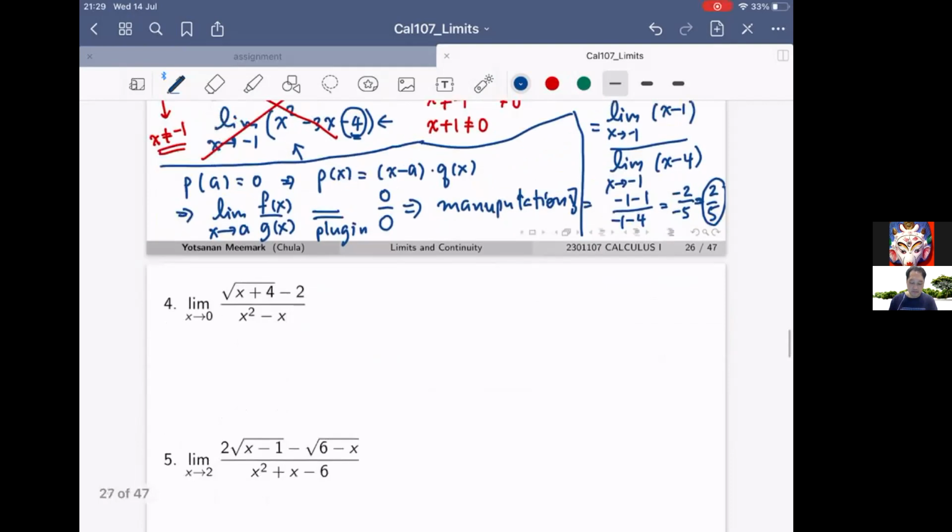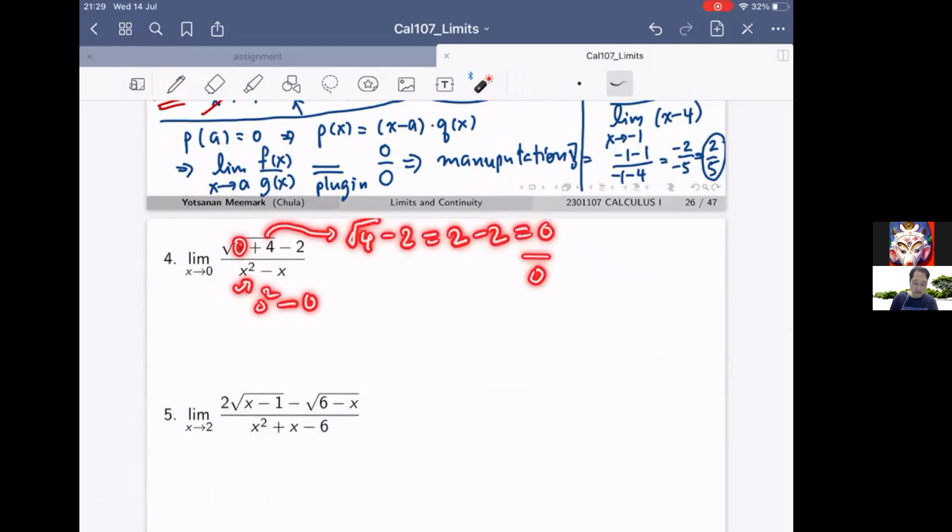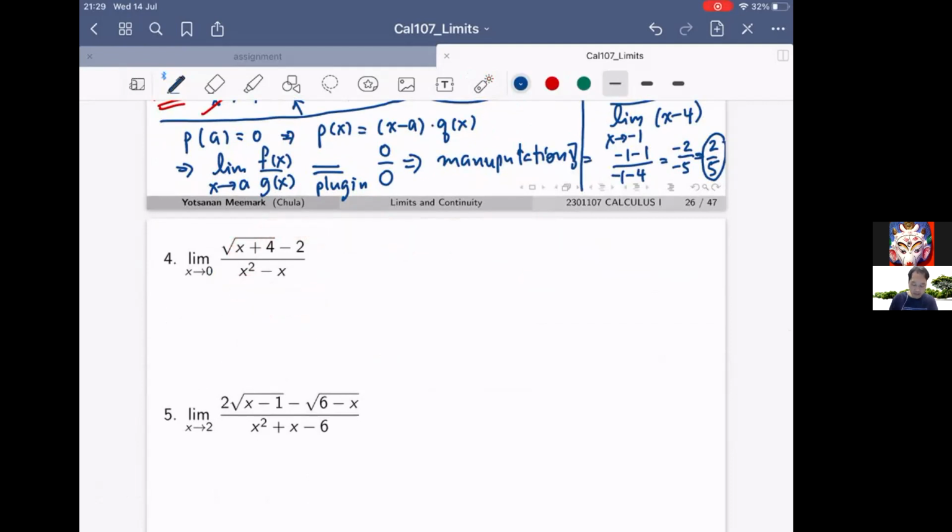So for example, in this one, if you plug in x as 0, the top has the square root of 4 minus 2, which is 2 and 2, so it's 0. And the bottom, of course, is 0 squared minus 0, so it is 0. After you plug in, you have 0 over 0, so you need to do a manipulation.